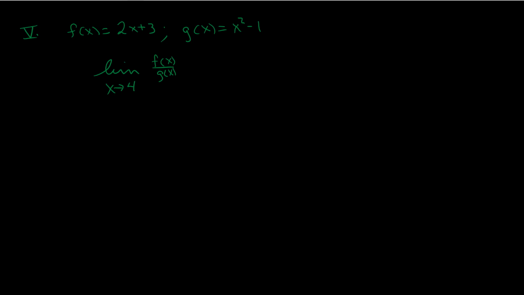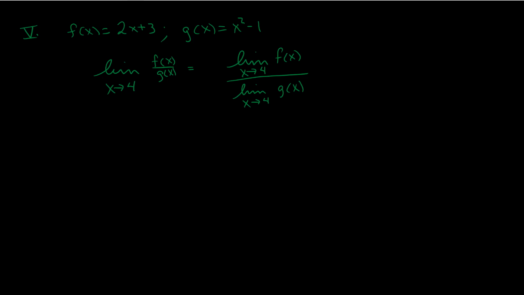To evaluate this, what we can do is rewrite this as the limit as x approaches 4 of f of x divided by the limit as x approaches 4 of g of x. Now we're going to assume here that the limit in the denominator is not going to 0.